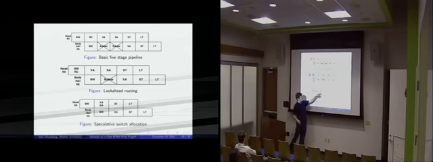There are further techniques to bypass the buffer in cases. Sometimes you can do switch traversal speculatively as well, if there's nothing on the input port. None of those were implemented by me, but they are techniques that people use.